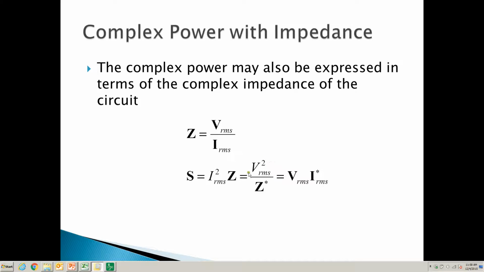Same thing, we can use something similar to our Ohm's law relationship and come up with the fact that the complex power is the root mean squared voltage squared amplitude divided by the complex conjugate of the impedance across the element or elements that we're looking at, which again is the same thing as the product of the current and the voltage phasor.